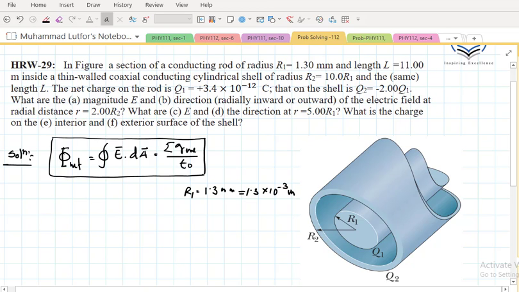That's how we can convert this. And R2 is basically 10 R1, which would be 13 millimeter. We can also write that as 13 times 10 to the minus 3 meter. This is the radius of that one.